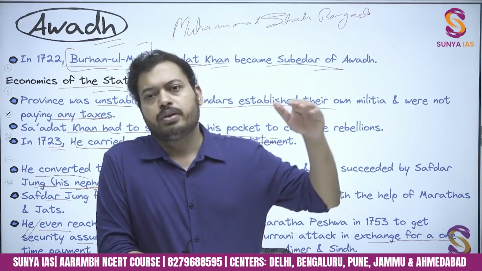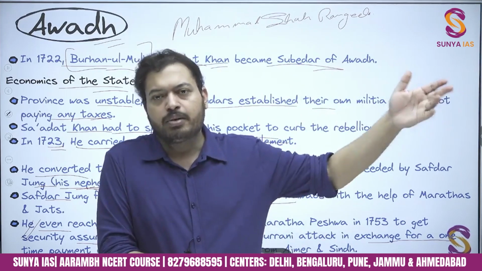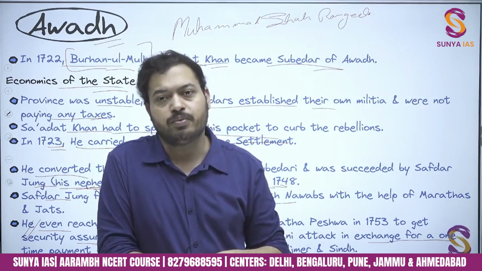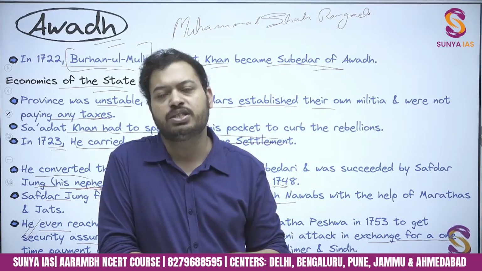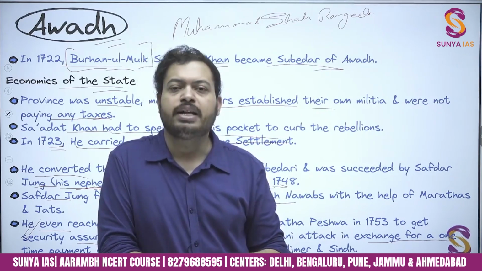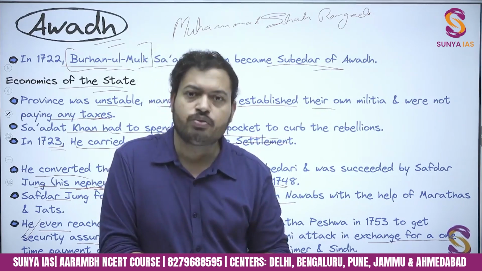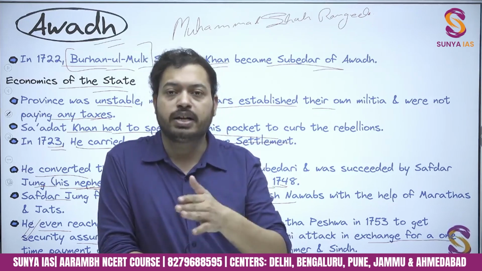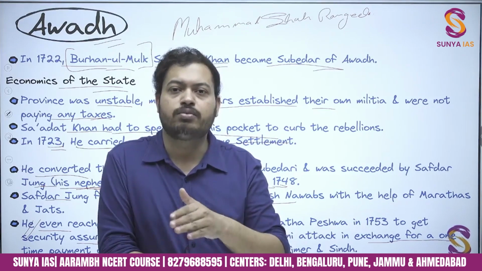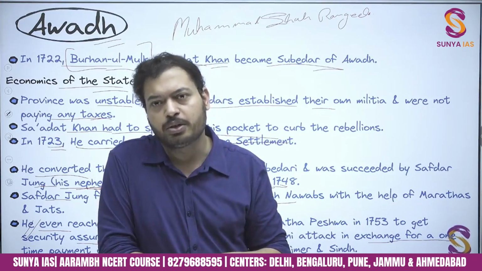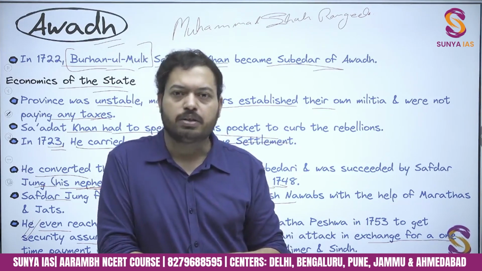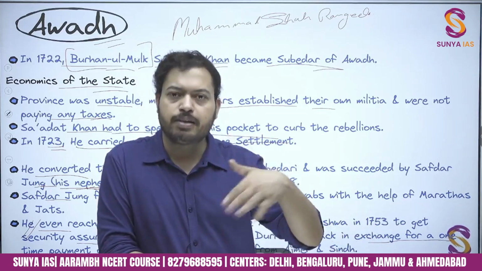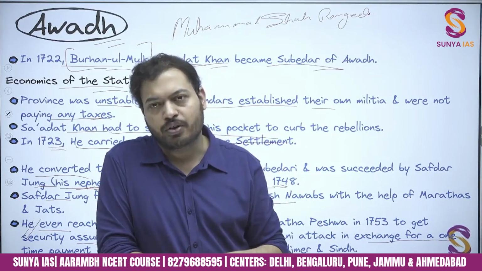So allowing the Marathas to collect revenue from Ajmer was totally unacceptable to the Mughal Badshah, as well as letting the Marathas collect revenue from Agra, which was the historical capital of the Mughals. So this whole agreement was something which the Mughal emperor himself was not in favor of.